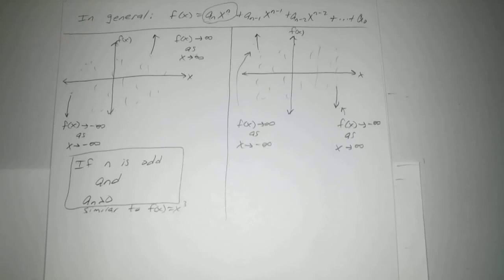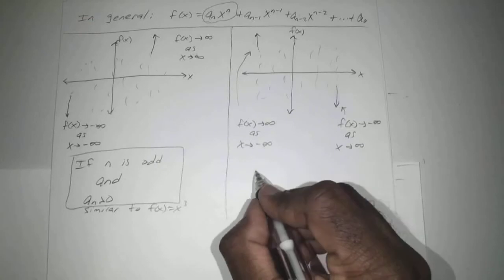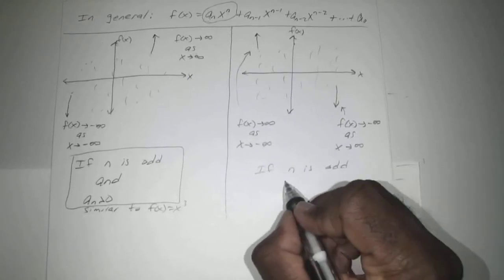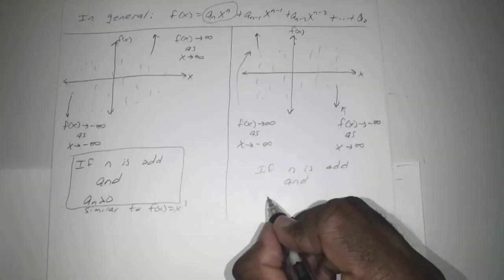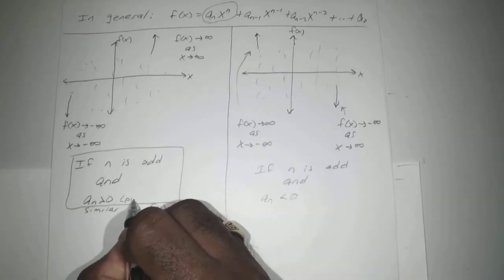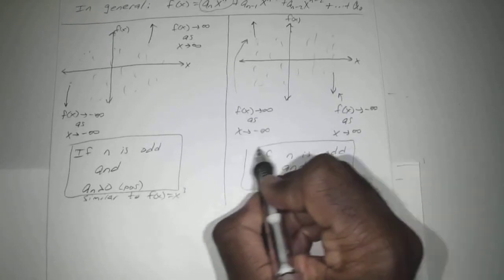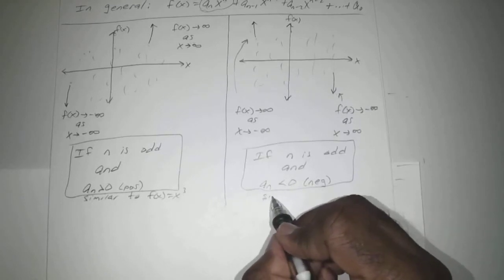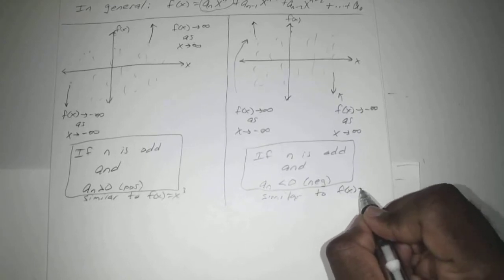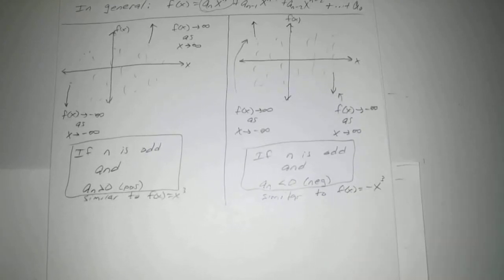Okay. So if you look at it, remember that's really similar to negative x to the third power. So that's saying if n is odd and your lead coefficient is less than 0. So with this one, you'd have to have a positive lead coefficient. And for this one, we'd have to have a negative lead coefficient. But remember, this is similar to f of x equals negative x to the third.